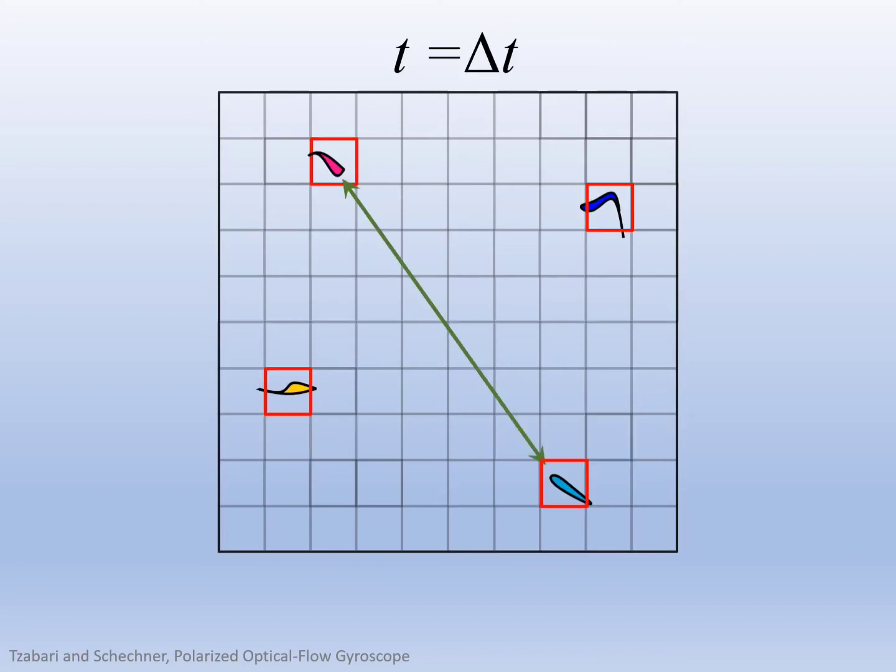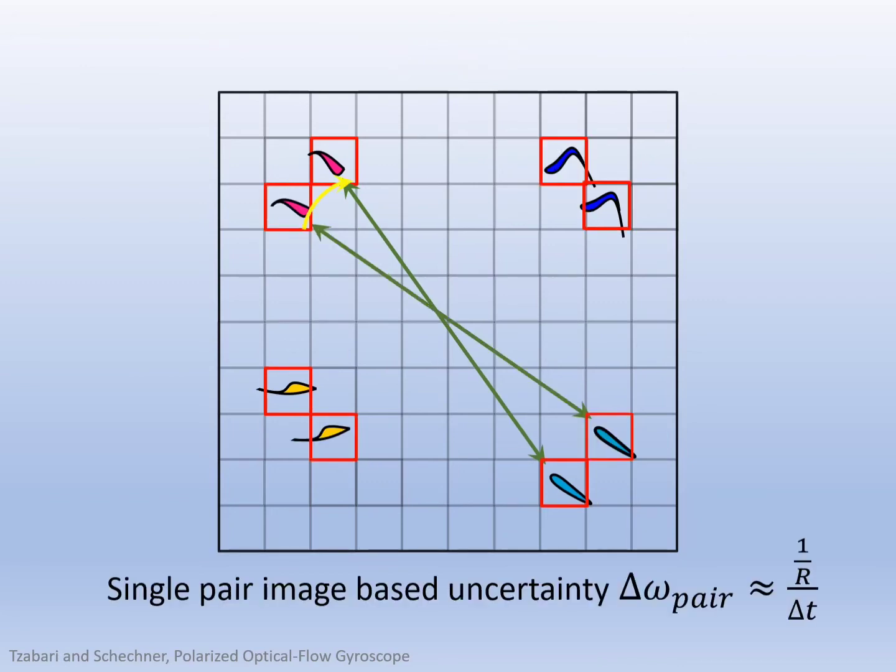Rotation means that the interpixel vector tilts slightly within a time step of delta t. Since the basic resolution of this vector tilt is a single pixel, the edgelet pair can resolve a rotation rate given by the ratio of the arc length of the pixel motion to the time step of the motion. For the full uncertainty, we take into account the total contribution of all edgelet pairs.